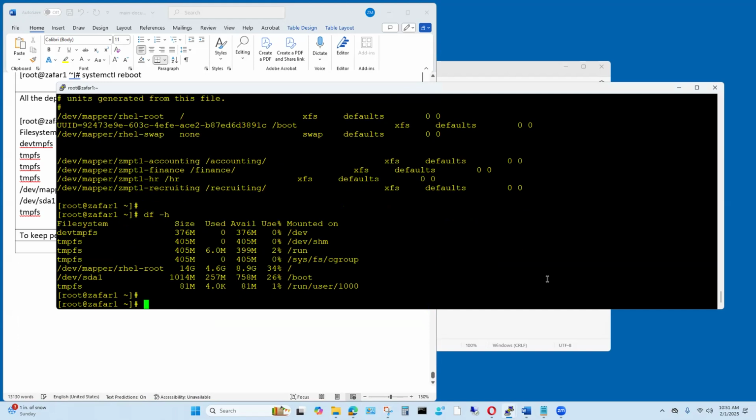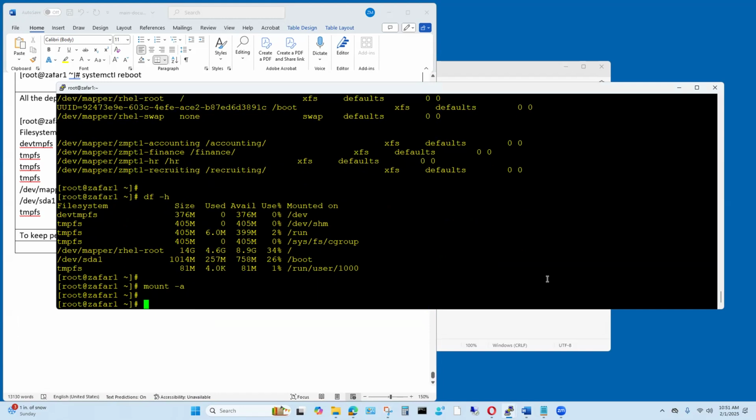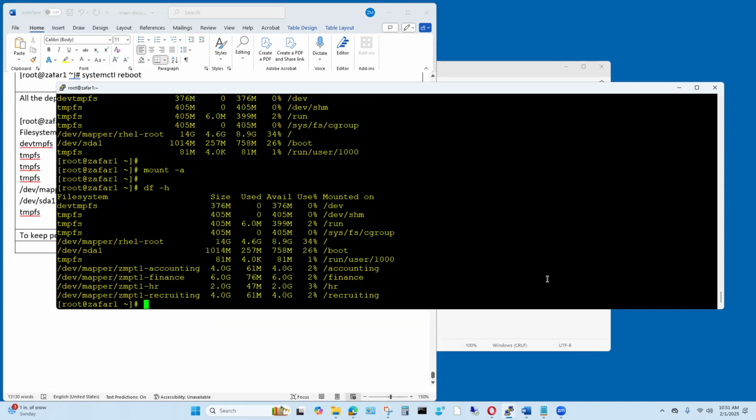Now do the command mount -a. What this command does is it goes and looks into /etc/fstab and loads it from there. It takes a fraction of a second and then comes back without any error. That means it mounted good. Now do df -h, and you should see this all mounted nicely and correctly.